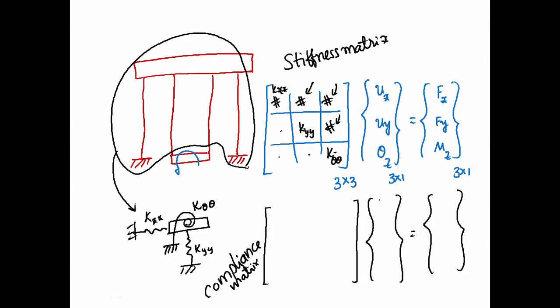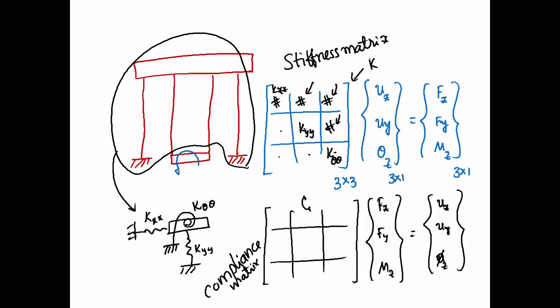So, this will relate Fx, Fy and Mz to Ux, Uy and theta z, and this also is a 3 by 3 matrix, and this we denote by C, we denote this by K. This is the K matrix, this is the C matrix.